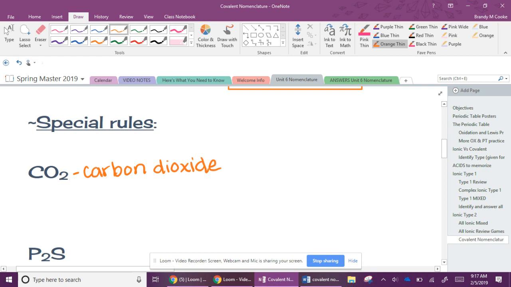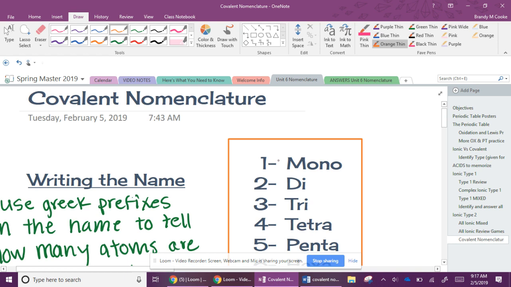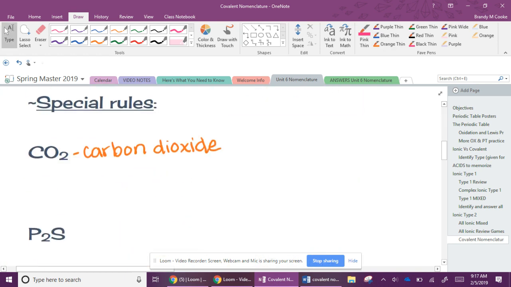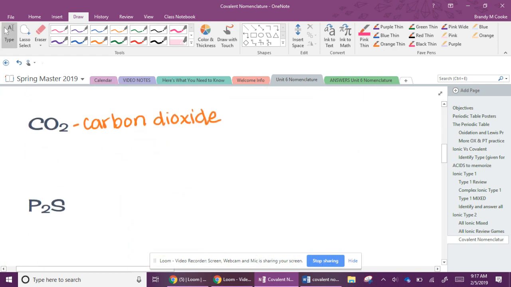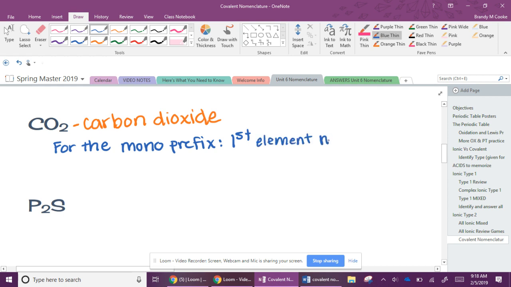And you might have noticed, well, there is a prefix for one, it's mono, but there is no mono in here. We know that because of our experience, but there's also a rule that says why. So for the mono prefix, the first element never gets mono.